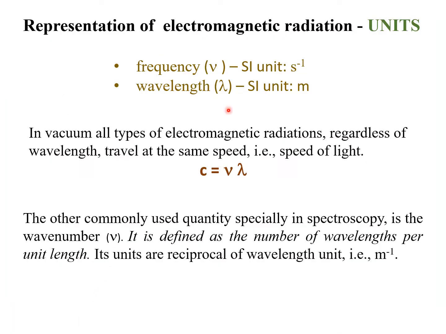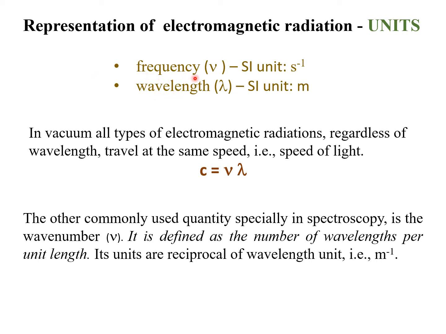So how do we represent this electromagnetic radiation? In order to represent any quantity, we need some units. Here, this electromagnetic radiation can be represented by two, actually three, but first let us talk about two entities.